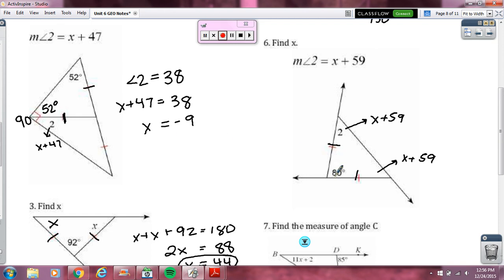What I would probably do is recognize that if this angle is 80, then the two angles left over would add to be 100. So angle 2 and this guy over here are going to be 100 together. But since they're both the same, I could set each one equal to 50 and then solve. So x would equal negative 9.